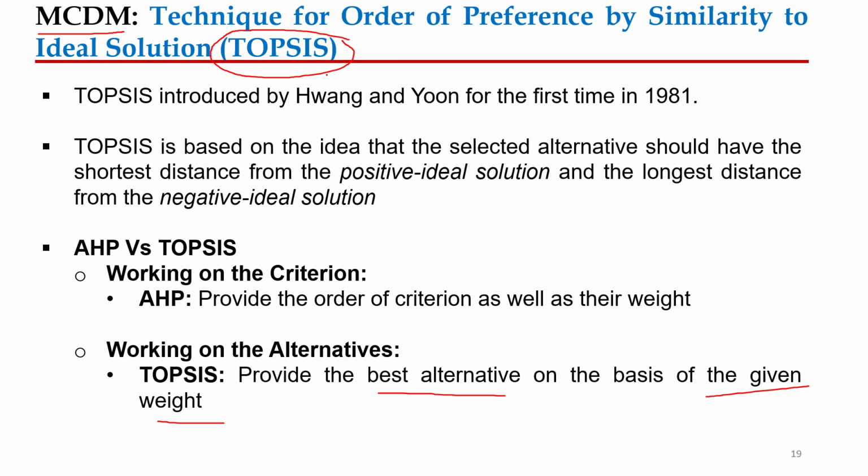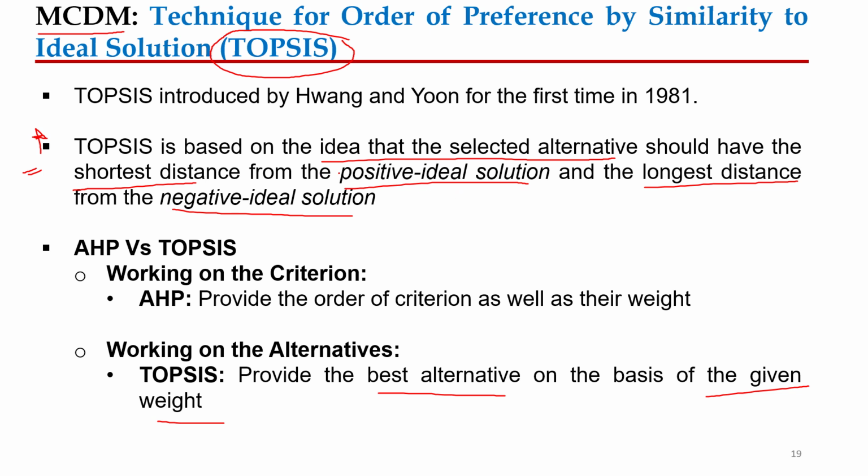So let's first of all discuss what TOPSIS is. Basically, TOPSIS is going to select the best alternative among the multiple alternatives based on the idea that an alternative is the best if it has the shortest distance from the positive ideal solution and the longest distance from the negative ideal solution.